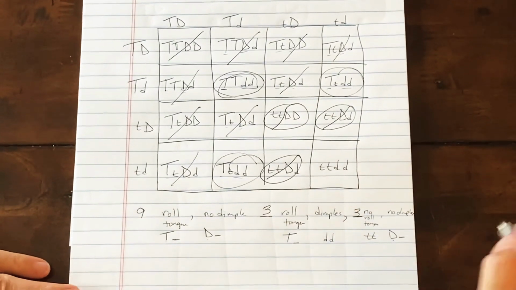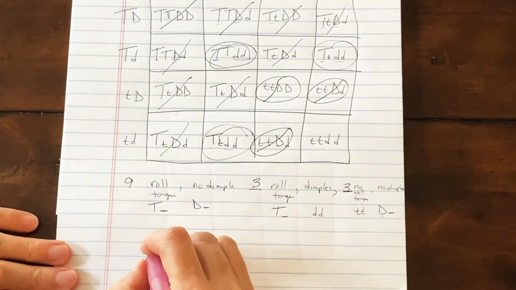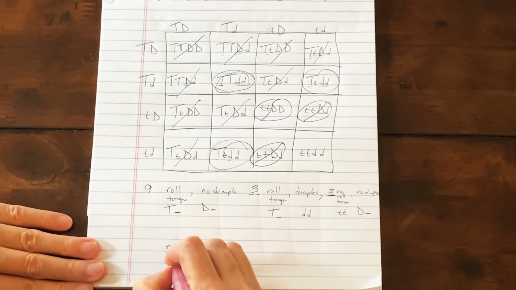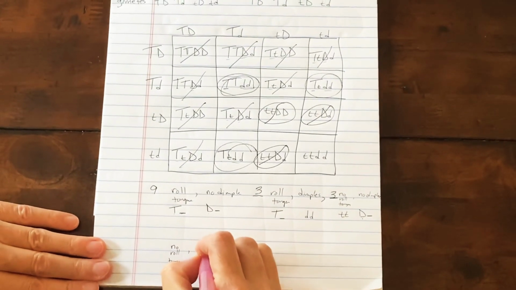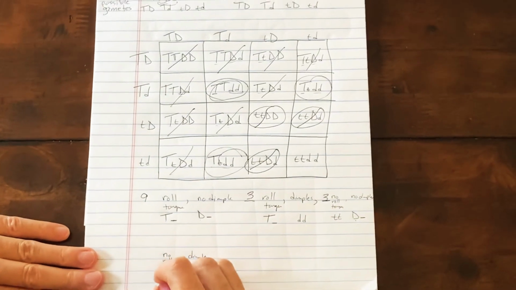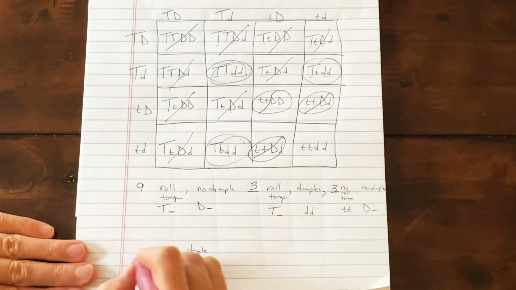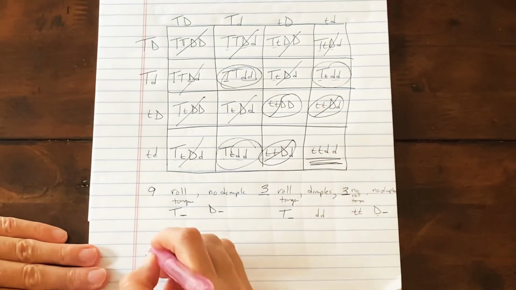And our last one, won't fit on the page here, so I'll come down to this line, is they can't roll their tongue and they have dimples, which is the recessive trait. So both recessive traits have to be 2 little t's and 2 little d's. And all we have left is this one here.